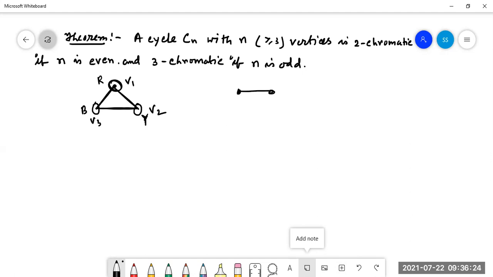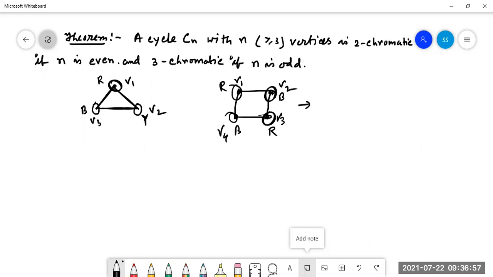If we take an even number, it is also a cycle. It is V1, V2, V3, V4. If it is red, then it is blue, it is red, it is blue. The number of vertices is 4, which is even. So the number of colors required to properly color this graph is 2, it is two chromatic, isn't it?